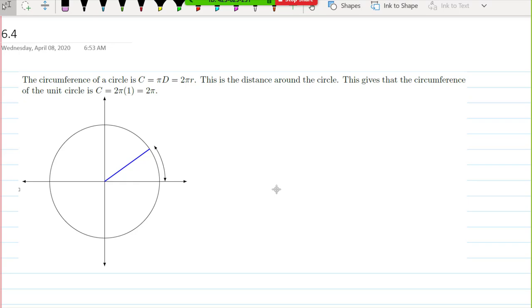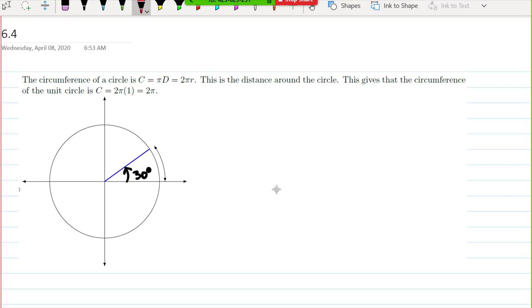So now we want to talk about angles in the way that we have been talking about them. So if I were to rotate from the positive x-axis to this point, I've written down this angle, 30 degrees. So now if I wanted to ask a different question, well then, how far did I walk along the edge of this circle?